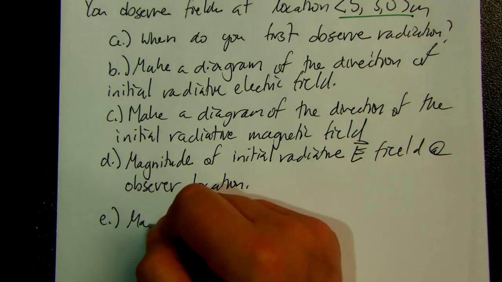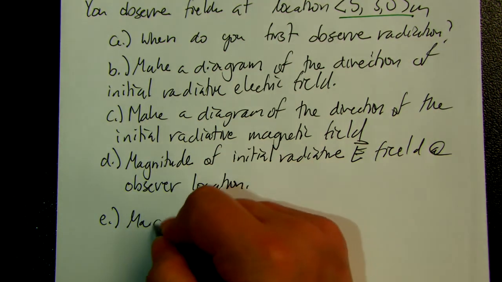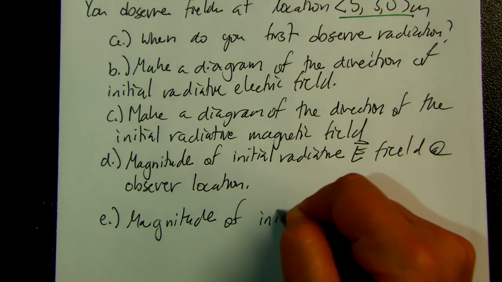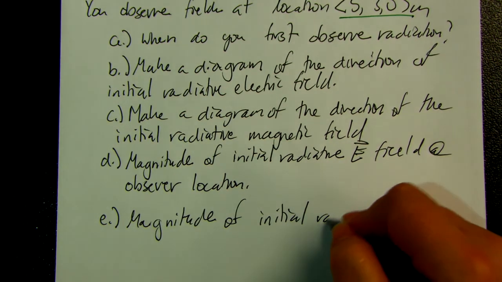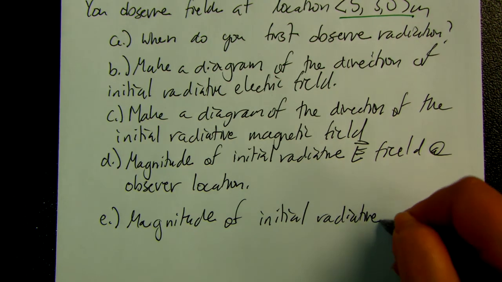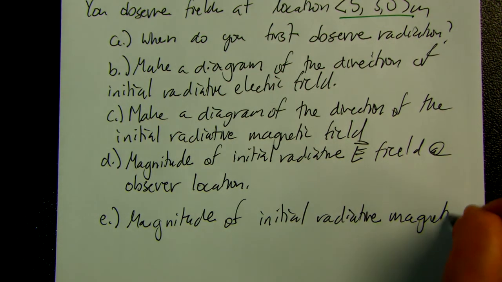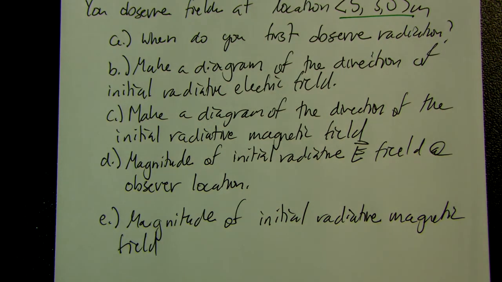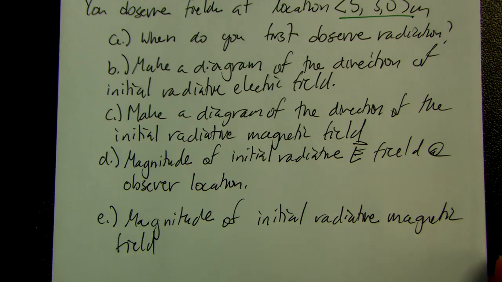And the magnitude of the initial radiative magnetic field. All right, so a lot of setup, and we're going to walk through each one of these. Basically, all of those equations we've just been deriving, we're now going to apply them.